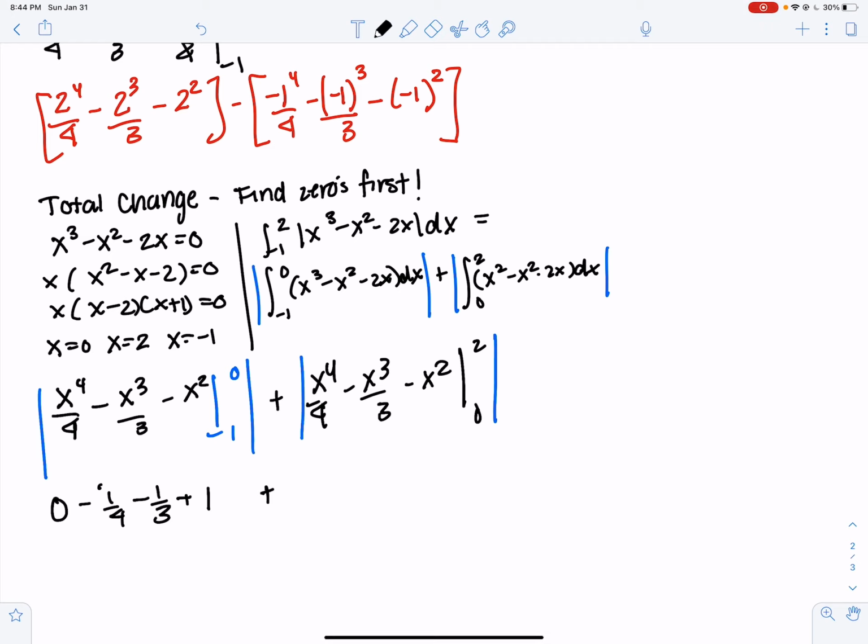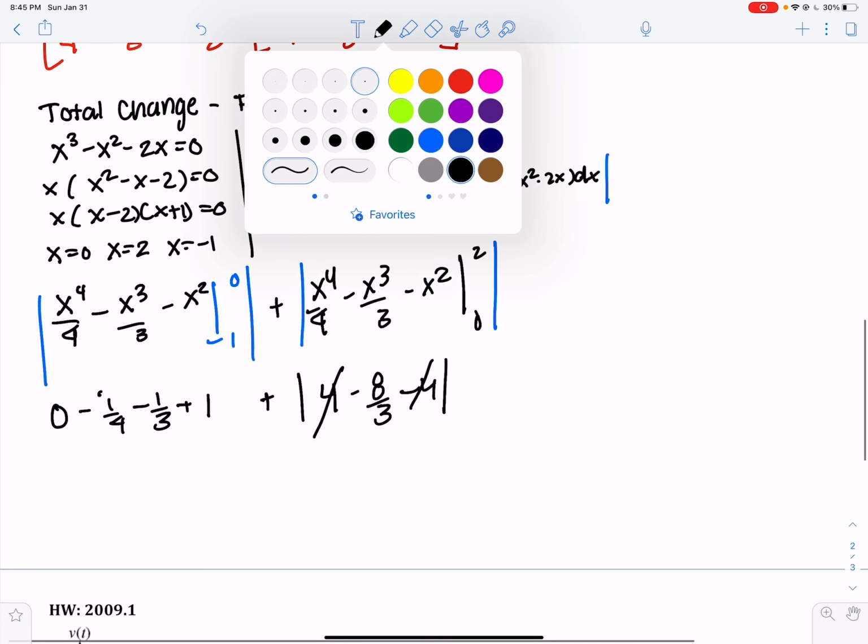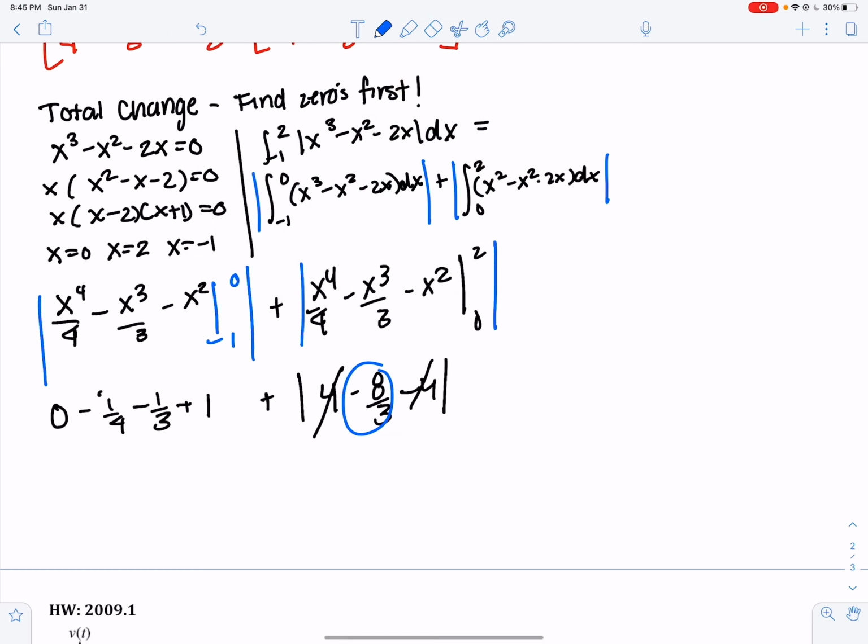And then I have here 2 to the 4th over 4 minus 8/3 minus 4 minus 0. Well, that cancels with that, and I'm going to take this 8/3 and make sure I make it positive. And then here I have 1 minus a 5. I know this is positive because this is less than 1, and then I have that 1 there.